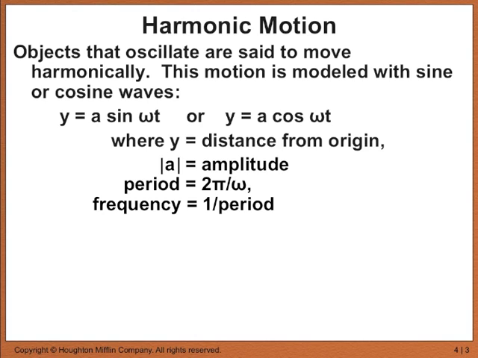Period is 2 pi over omega, and actually that's nothing new for you either, because even though they're using a different letter for these kinds of models, omega is the same as b, which you already learned. So period equals 2 pi over b, and you can just use a different name for b, and that's omega. And frequency equals 1 over period.